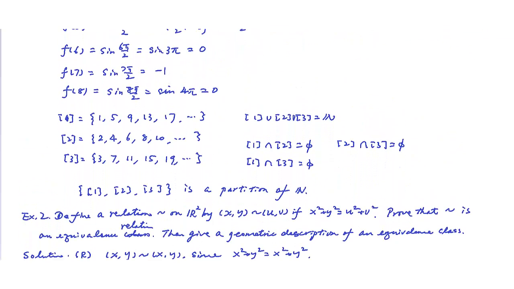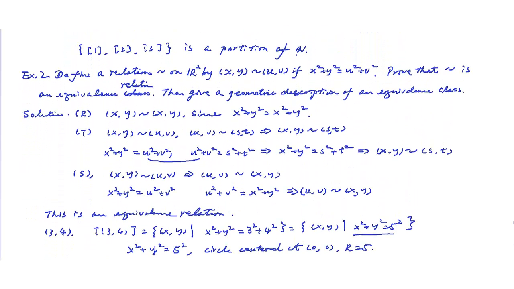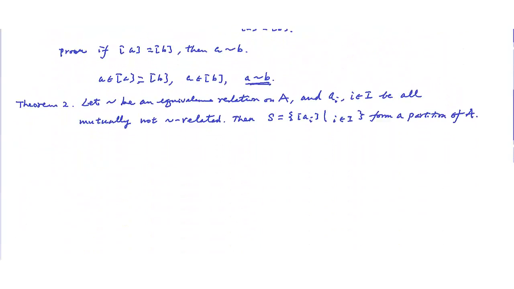For the sine function, we get three classes, and these three classes together are a partition of the natural number set. And for the relation defined by distance, each circle is an equivalence class, and all circles in the plane are a partition of the plane.